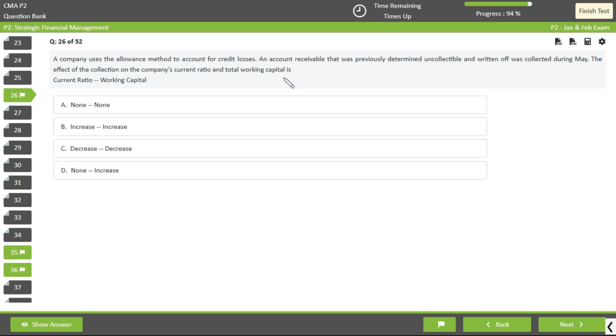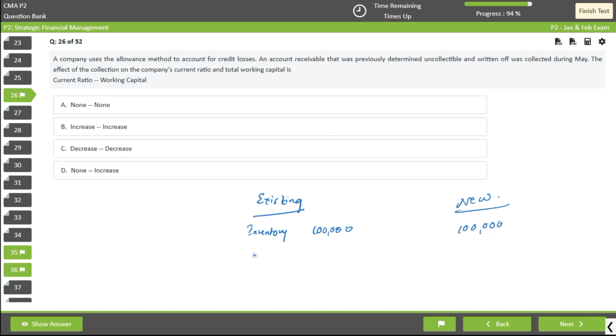So let us take some numbers, existing and new. The inventory existing is 100,000, and in the new also the inventory is 100,000. Now we have accounts receivable.